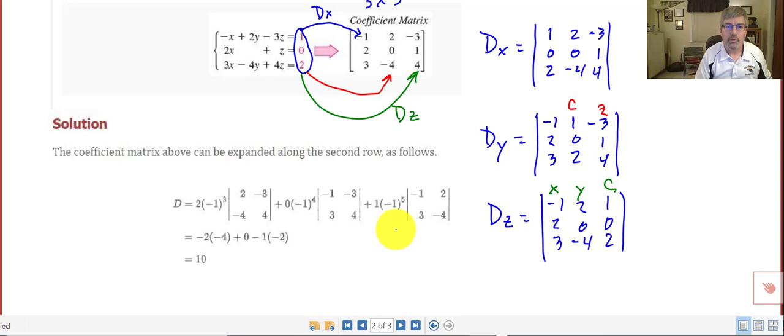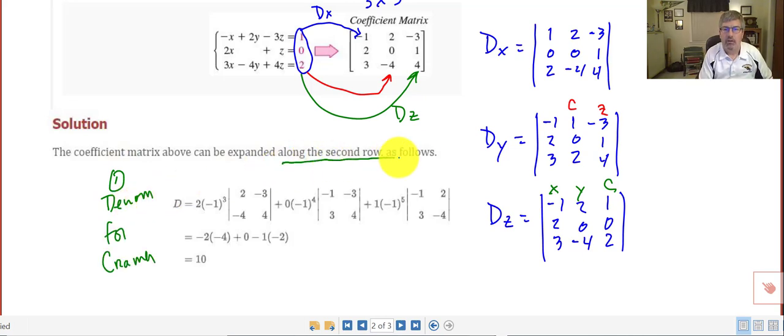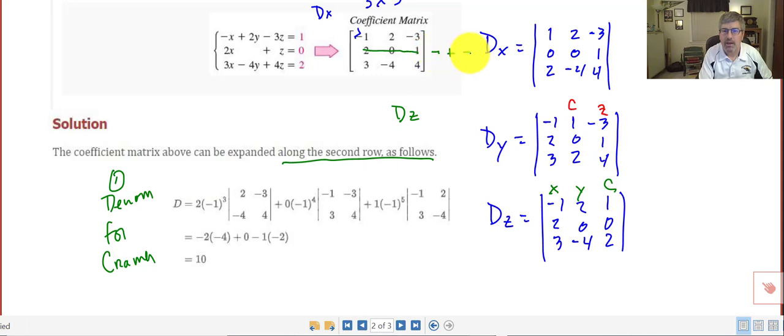The first thing we want to do is find the determinant of our coefficient matrix, D. Essentially, we're going to start with the denominator for Cramer's rule. We've decided to expand along the second row. Our first term, we're going to use the 2, but in our second row, our signs are negative, positive, negative.